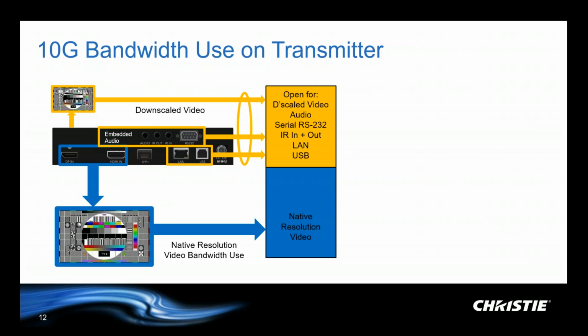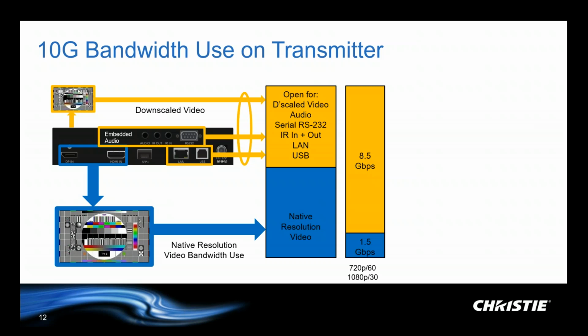Part of the bandwidth on the SDVoE network is going to be used up by stream 0, the native resolution, and the rest of the bandwidth will be used for everything else: stream 1, the audio, RS-232, infrared, USB, and network, the gigabit Ethernet that piggybacks on the back of the SDVoE network.